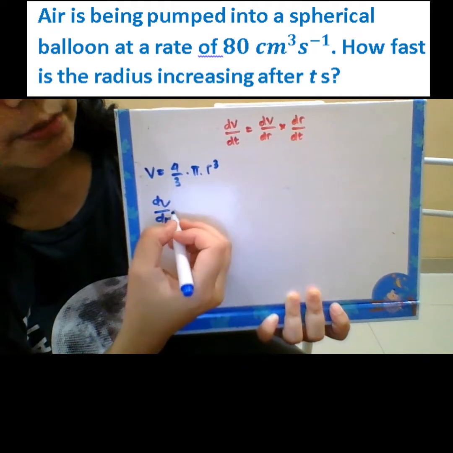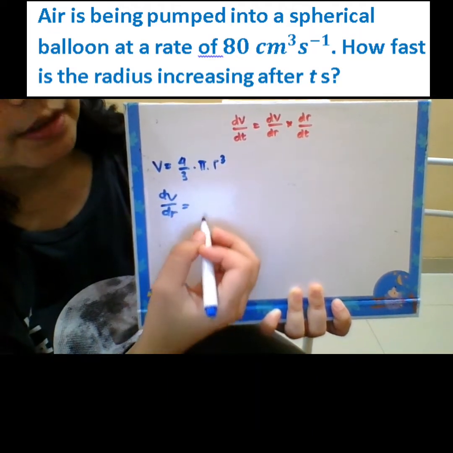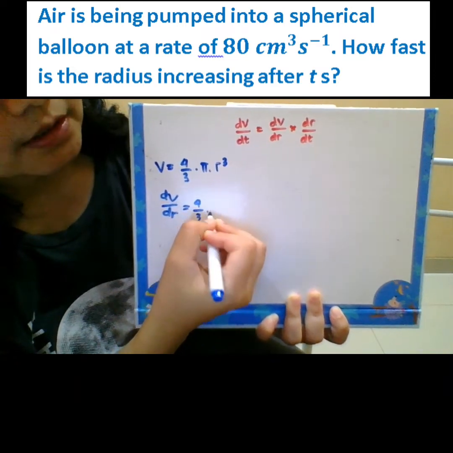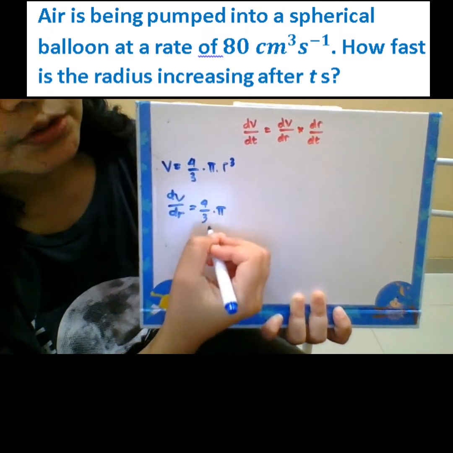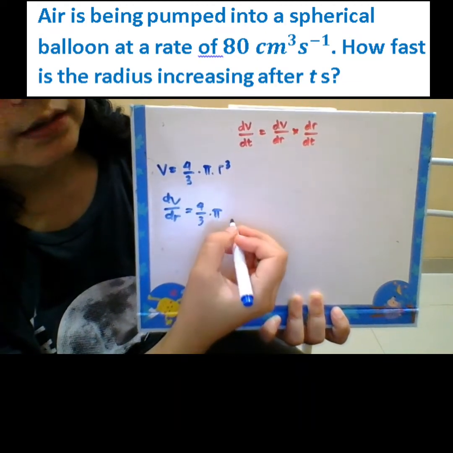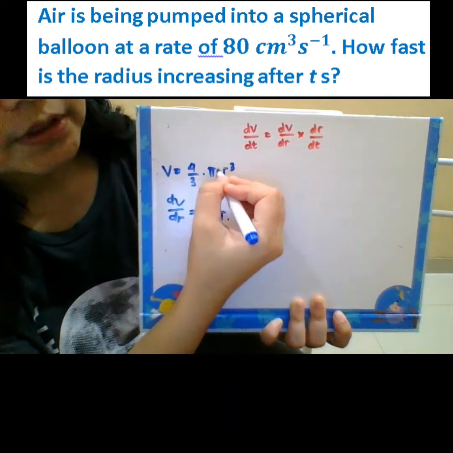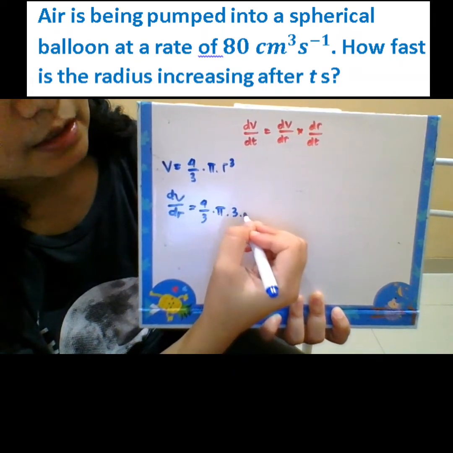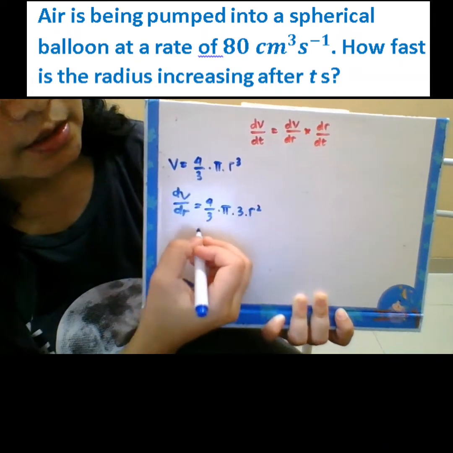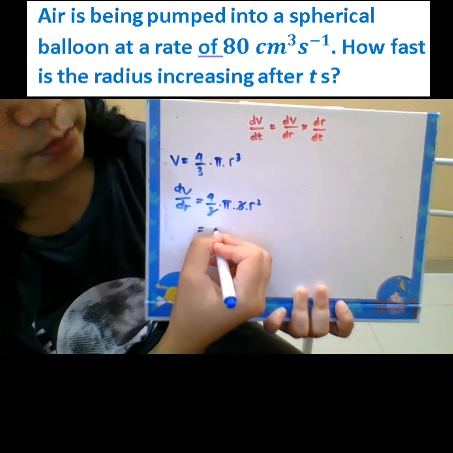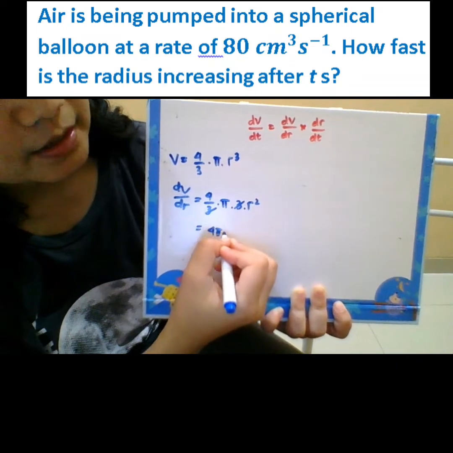So dv per dr is equal to 4 per 3, which is constant, and pi is also constant, so let it be 4 per 3 times pi, and then times 3, moved down, the derivative of r cube, times r square. You can cross out the 3s, then you will have 4 pi r square as the derivative.